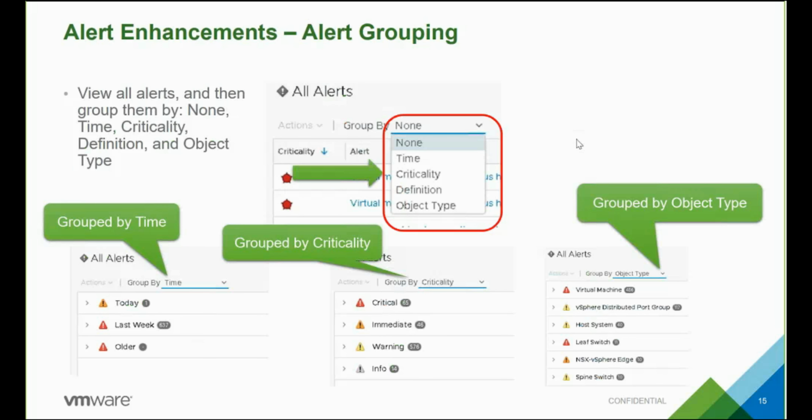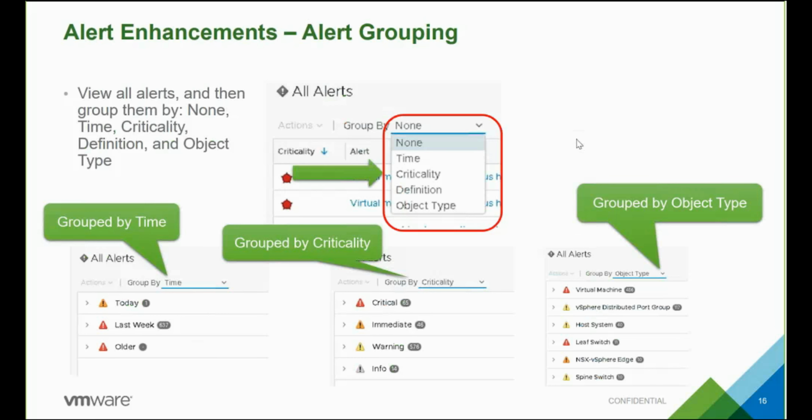Some of these areas which allow you to do alert grouping or alert analysis come with the enhancements, where you can group the alerts by time, by criticality, by the definition, or by object type. At the same time, you can group them by the function of time as well. So how many alerts last week, last month, and so on. You also have the opportunity to group them by criticality.